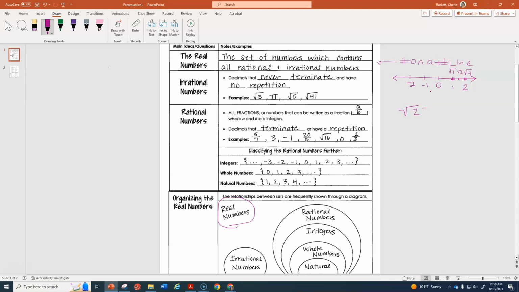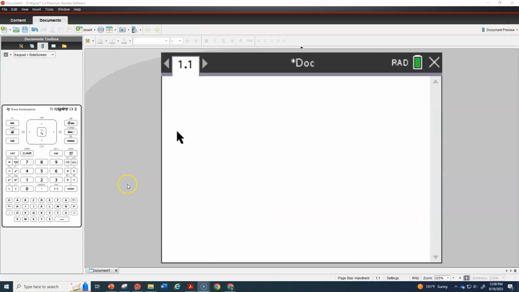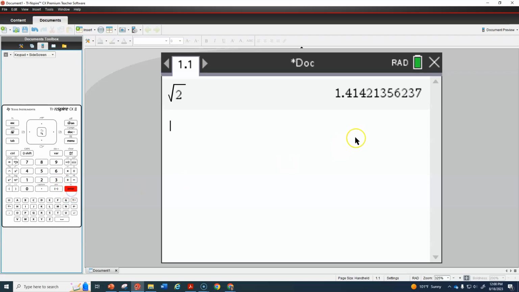But it's going to be a non-repeating, non-terminating decimal, and I can show you on the calculator what that is. So if you were using the TI Nspire calculator, you would type in the square root of 2, and it would show you that many decimals, but that's simply because it ran out of space to write them all.